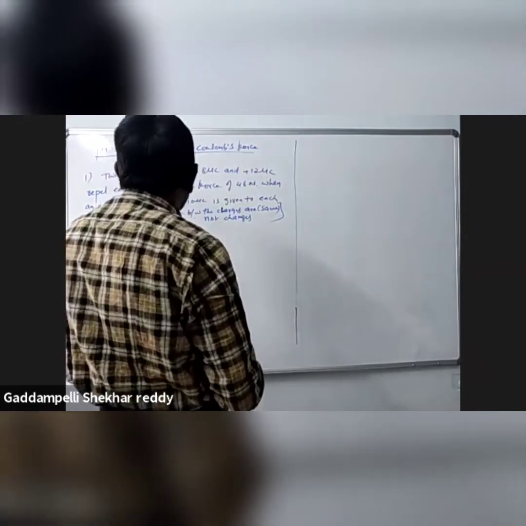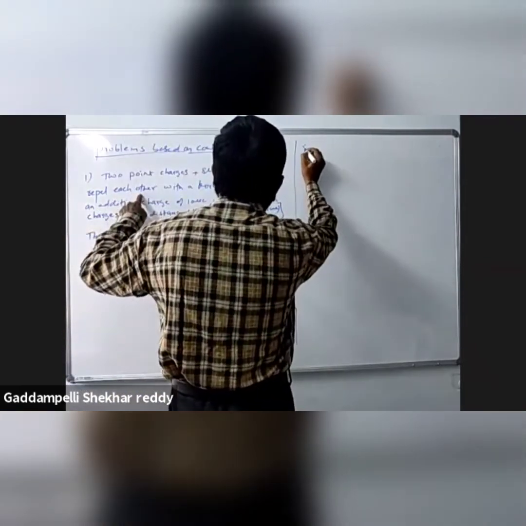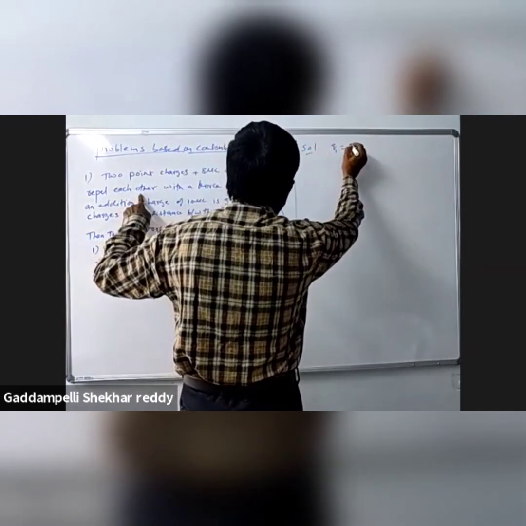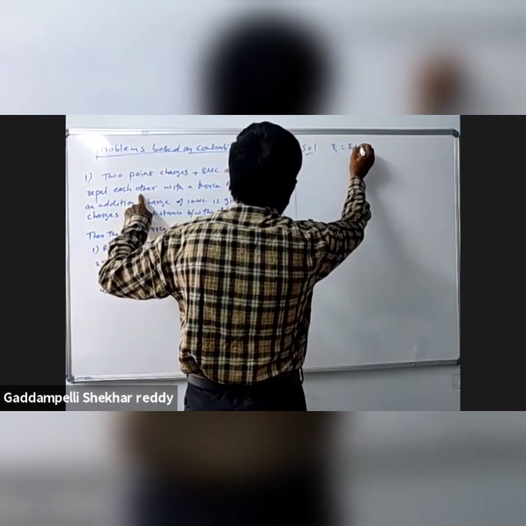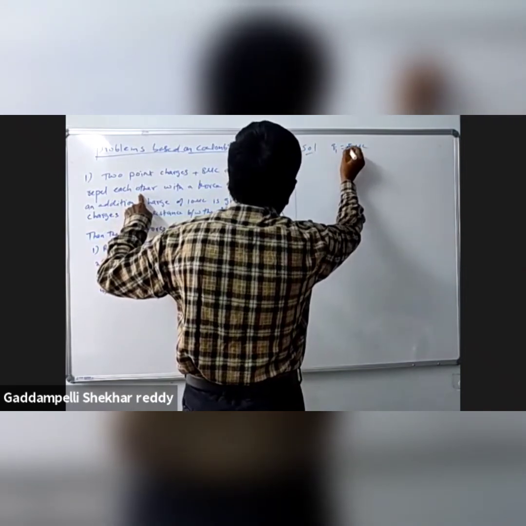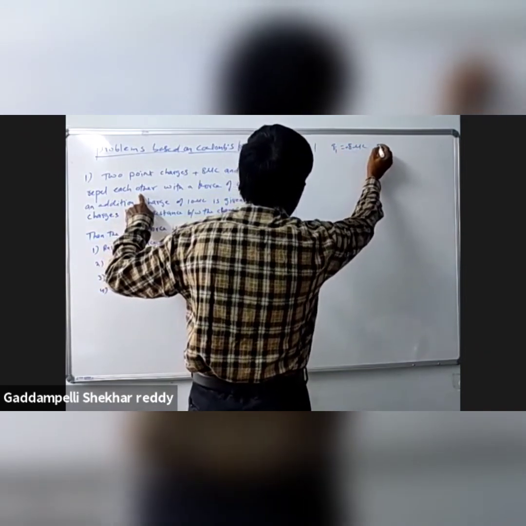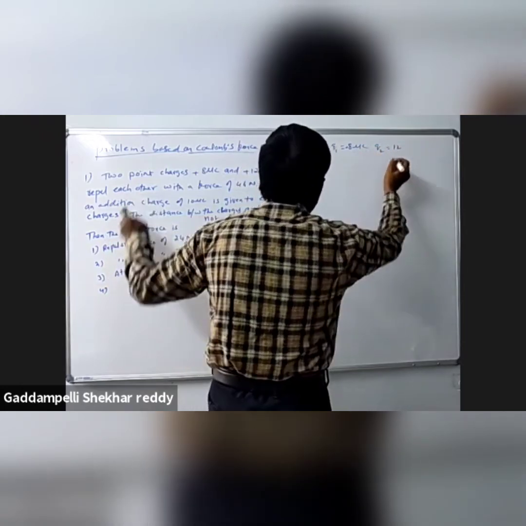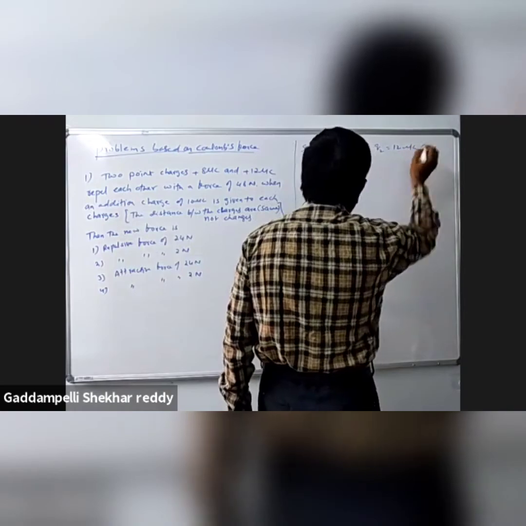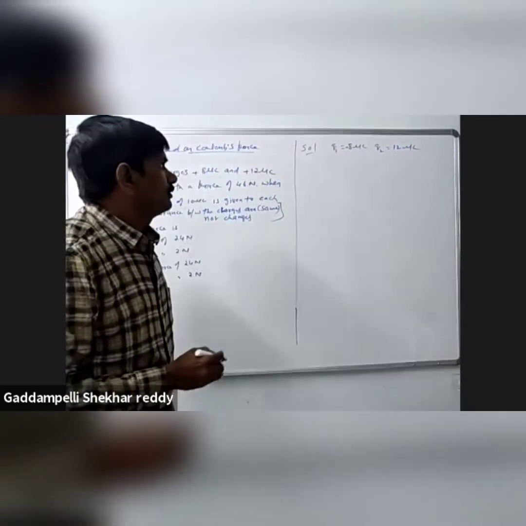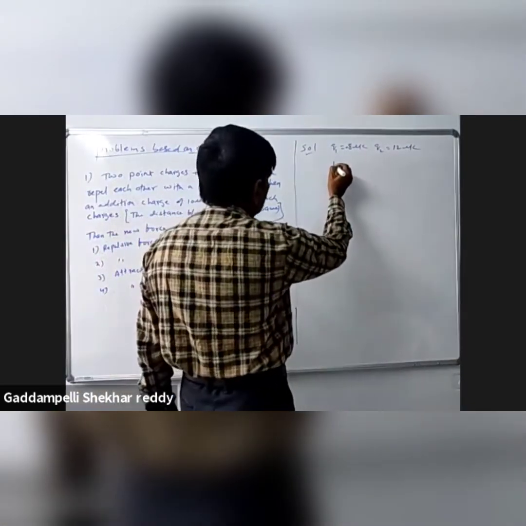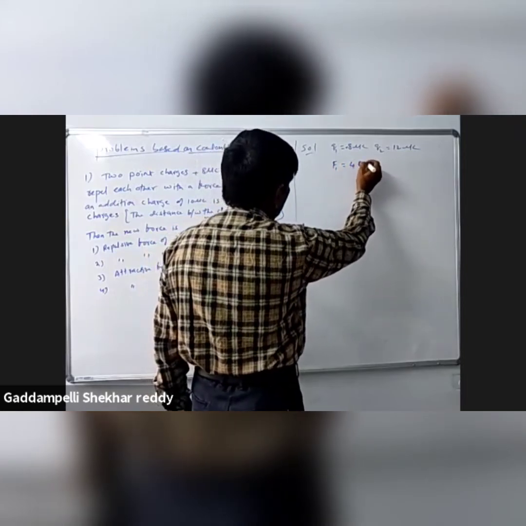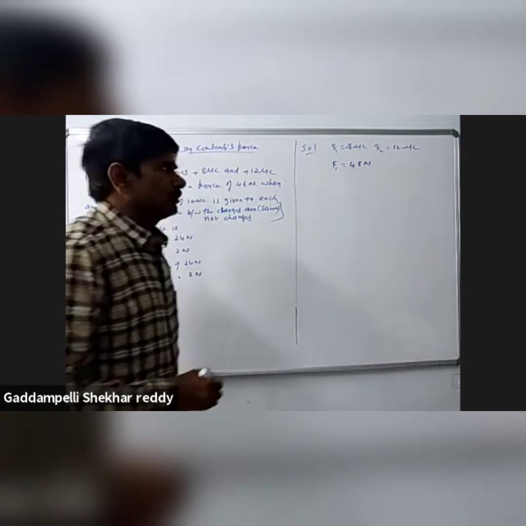So here, for the solution, given Q1 is 8 microcoulomb, Q2 is 12 microcoulomb. Next, the force F1 is equal to 48 Newton.